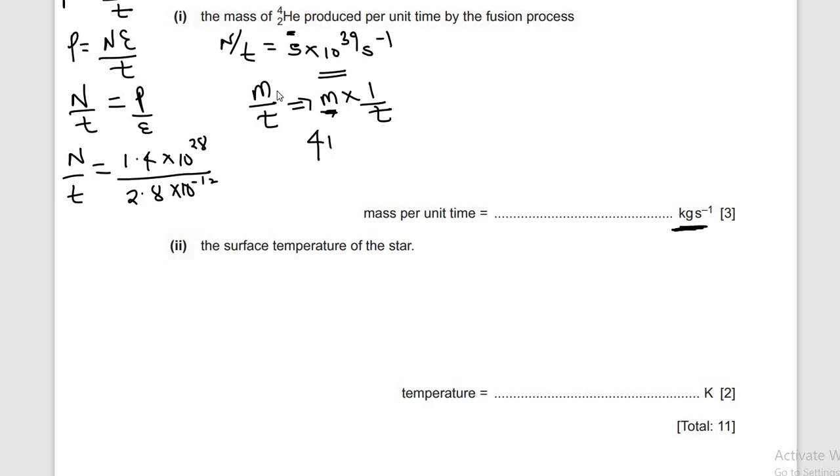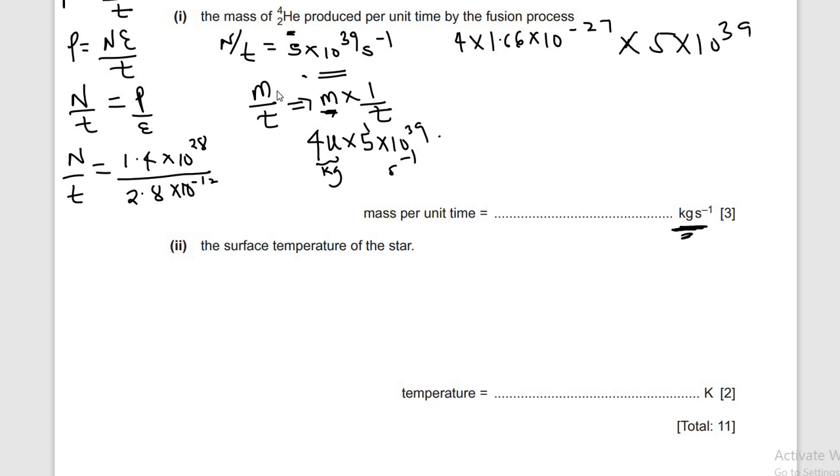The mass is 4 atomic mass units, and this should be in kilogram. So this one is per second, and what we get per second is 5 times 10 to the power 39. So it makes sense with this unit. 4 atomic mass units, where 1 atomic mass unit is 1.66 times 10 to the power minus 27, multiplied by 5 times 10 to the power 39 per second. So it gives us 3.3 times 10 to the power 13 kilogram per second.